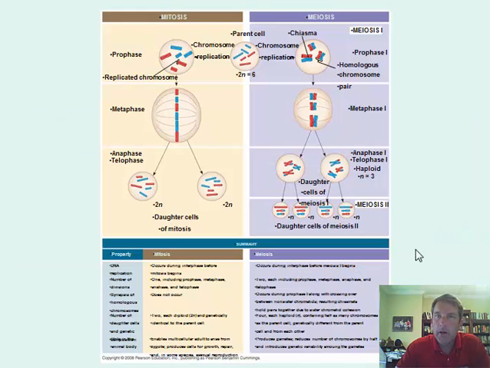Okay, here's a diagram comparing mitosis and meiosis. Good diagram showing you what's happening in each one, the similarities and the differences there. So again, crossing over and synapses are the two things that occur in meiosis that do not occur in mitosis.